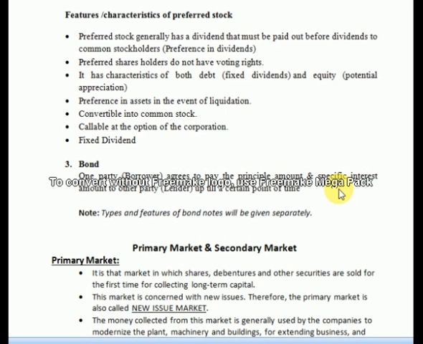Bond refers to fixed income instruments, and since bonds traditionally paid a fixed interest rate, that is also called coupon, to debt holders. Variable or floating interest rates are also now quite common. Nowadays, bond interest rates or coupon rates are variable.